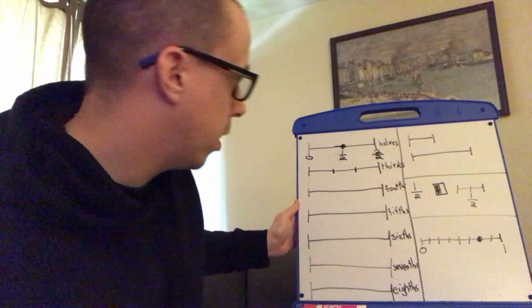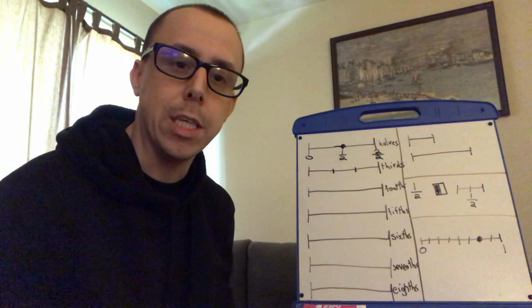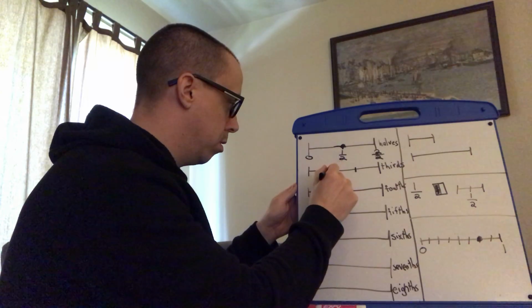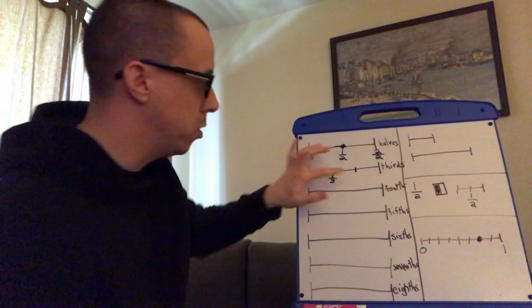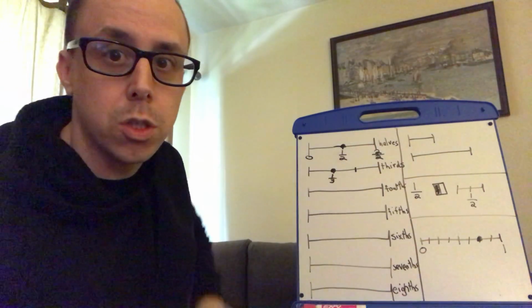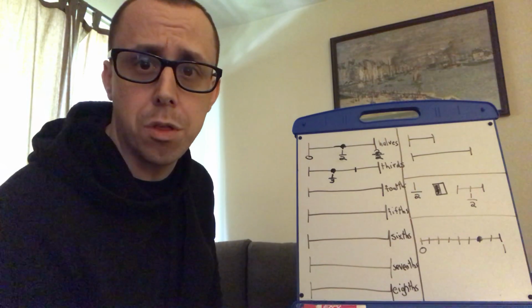Okay, so I did the best that I could. I have about 3 equal spaces. So here is the unit fraction 1/3. This here is 2/3, and then this here, 1 whole, is 3/3. Okay, so that's how you can divide a number line into thirds.